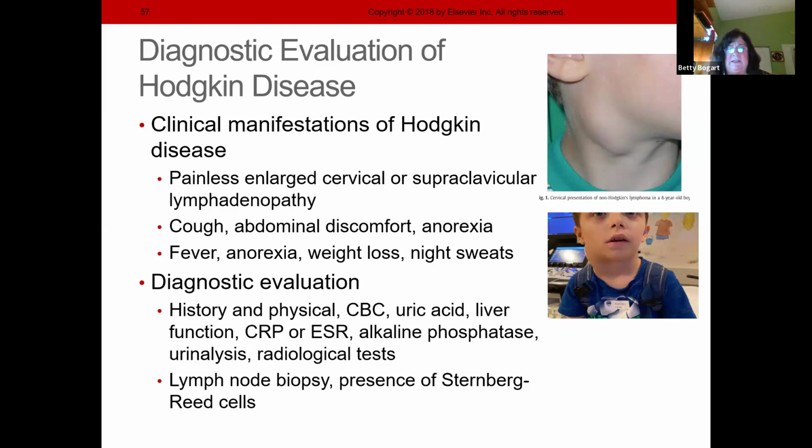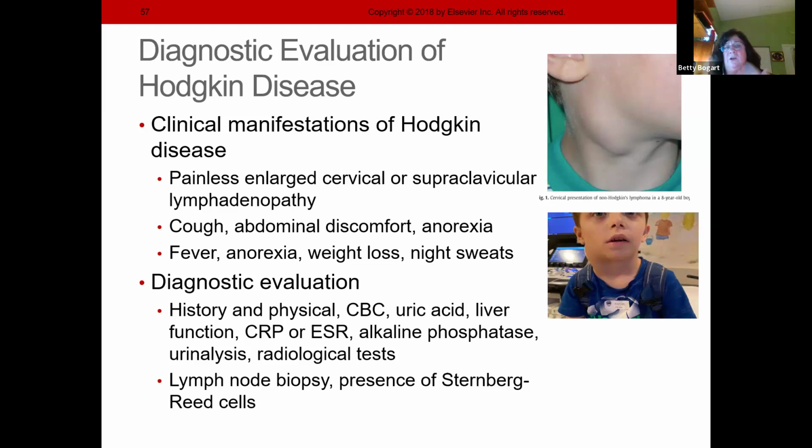How do we diagnose these things? Well, we do that history, we do some inflammatory factors in the labs, but we do a biopsy. It's right there. We'll put them, of course, under sedation or to the OR, wherever, and we'll just take a little piece and we will see Reed-Sternberg cells.